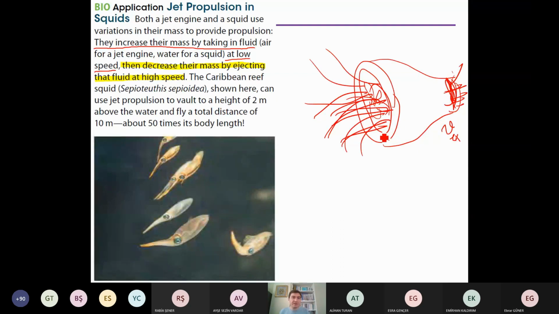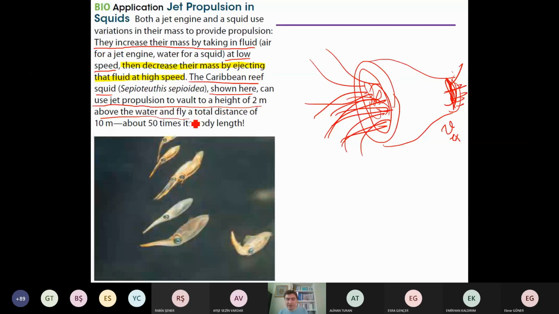The Caribbean reef squid shown here can use jet propulsion to vault to a height of 2 meters above the water and fly a total distance of 10 meters, about 50 times its body length.